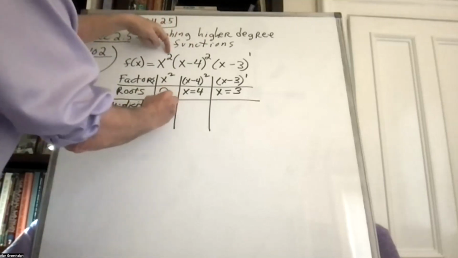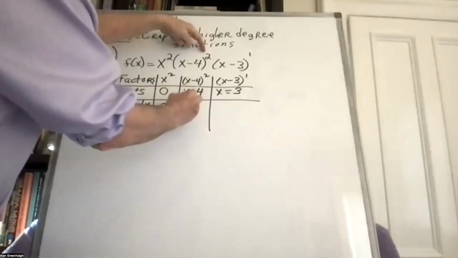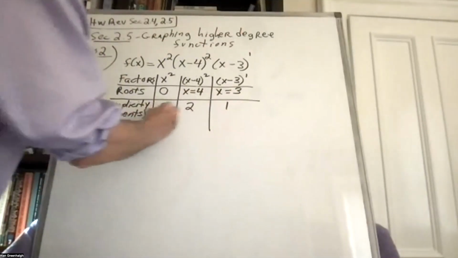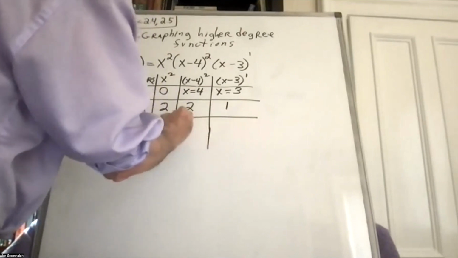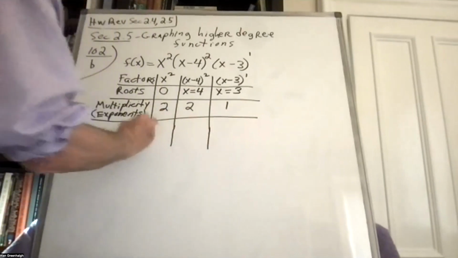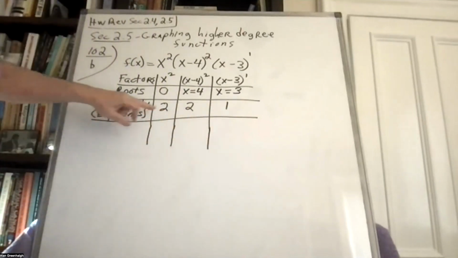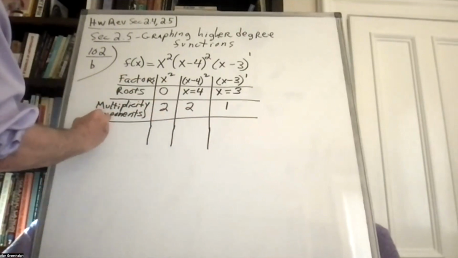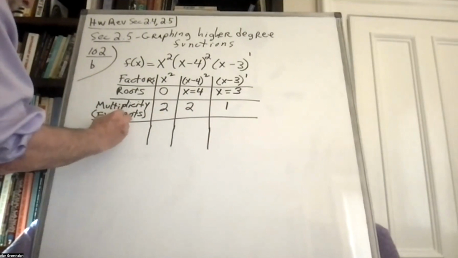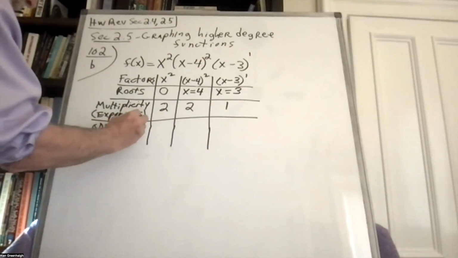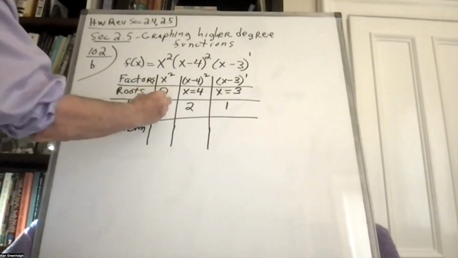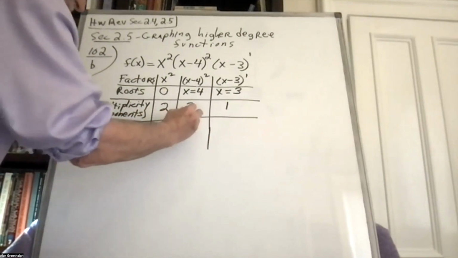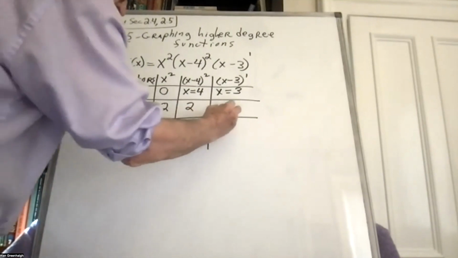Here, it's 2. Here, it's 2. Here, it's 1. Those are the multiplicities. The next thing you want to know is, are these multiplicities odd or even? This is even. This is even. This is odd.